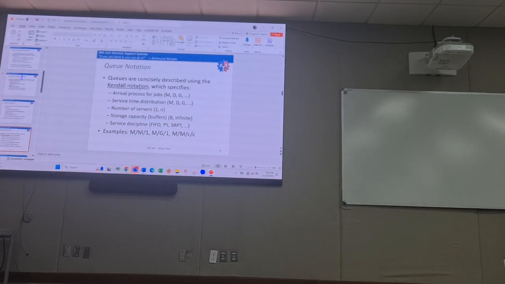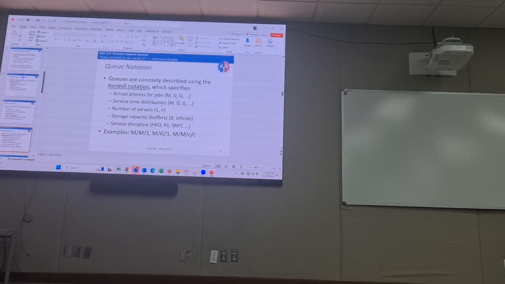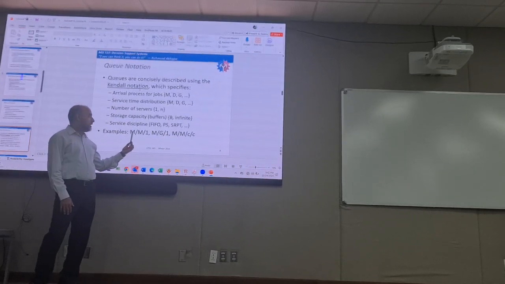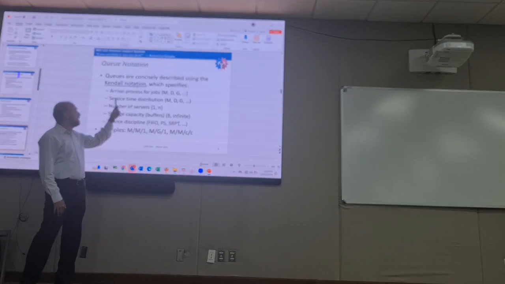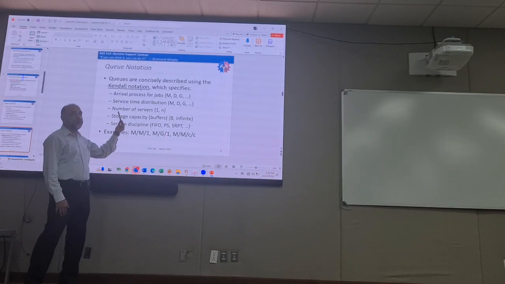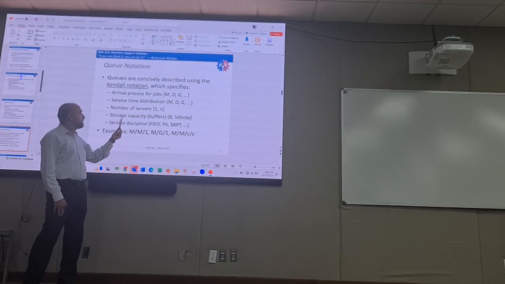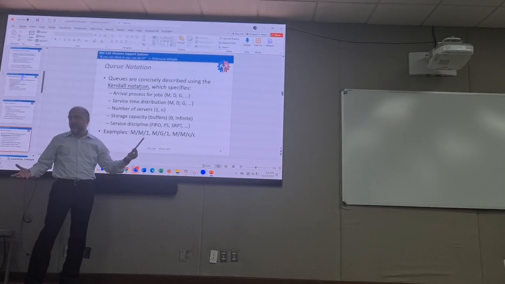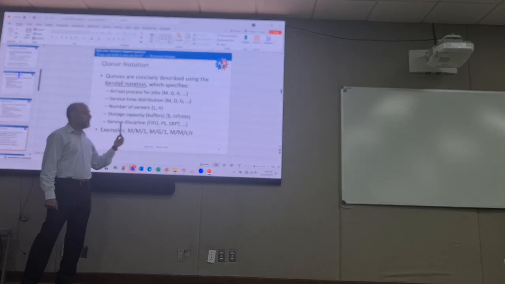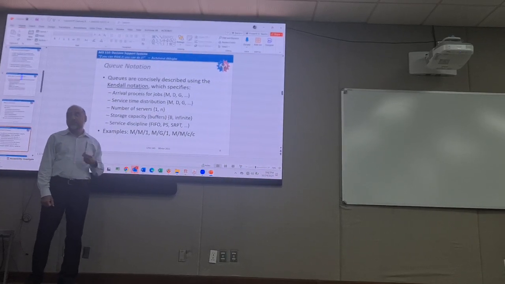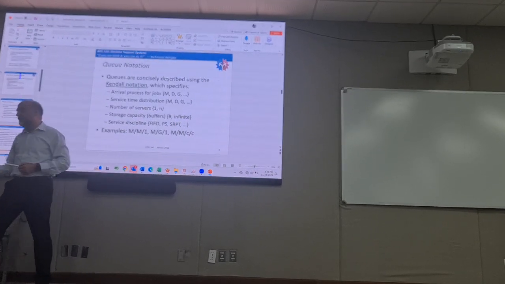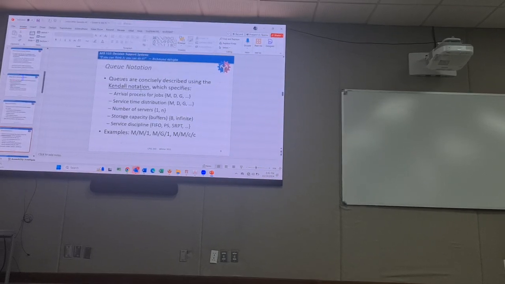So you always have arrival. Then I told you second one is service. Third one is number of servers. Fourth one is capacity, finite queuing capacity or something. And then service discipline. So now let's just read the problem again.